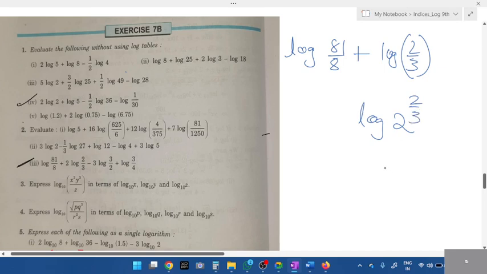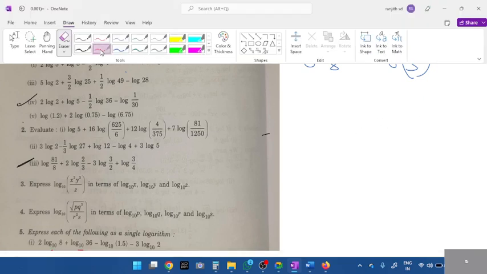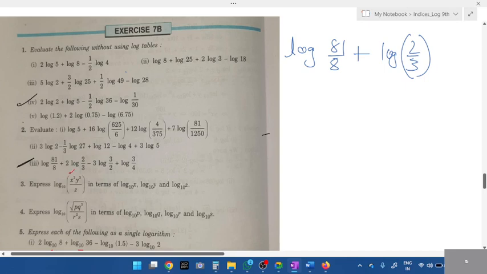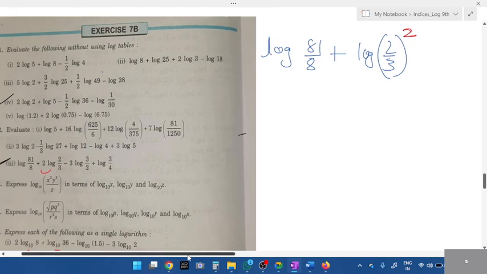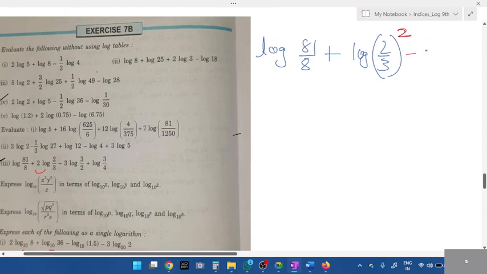Is this correct? What are you doing, Ananya? Which value is given before power? Before log, which value do we have? 2 by 3 or 2? 2. That 2 will get multiplied here. Can you see where I've written 2? Then tell me the next one. Log.